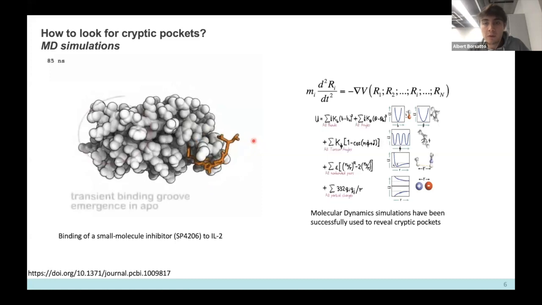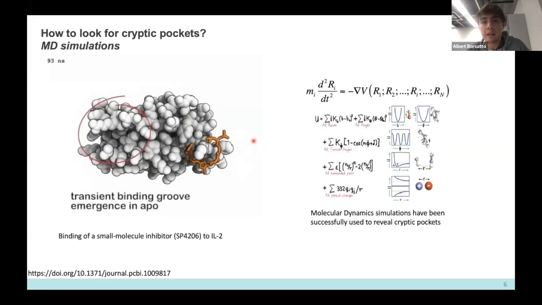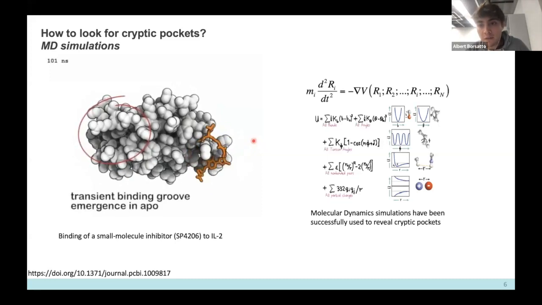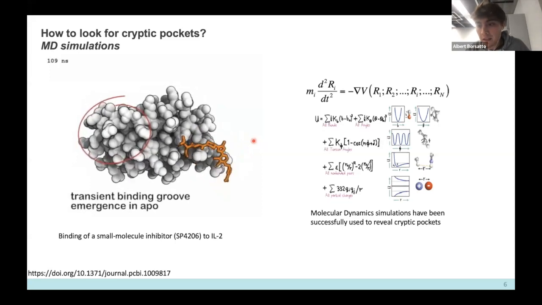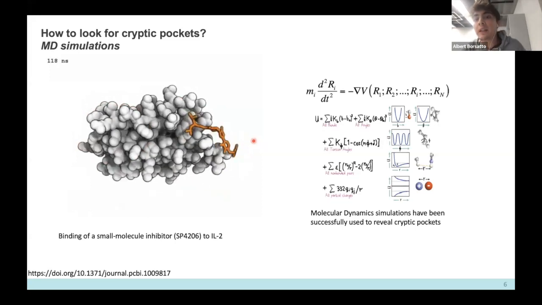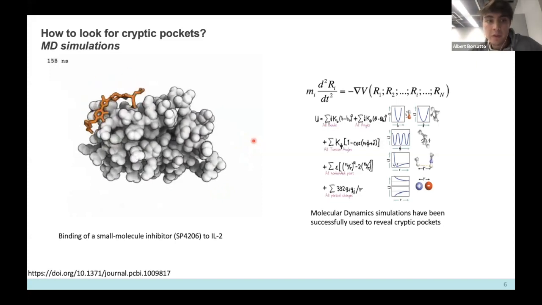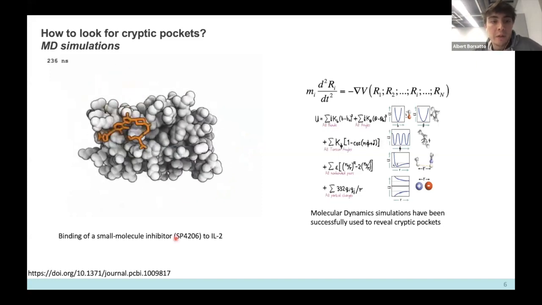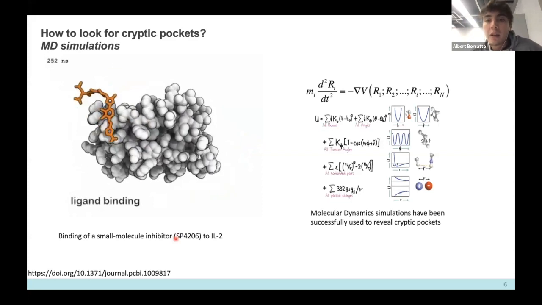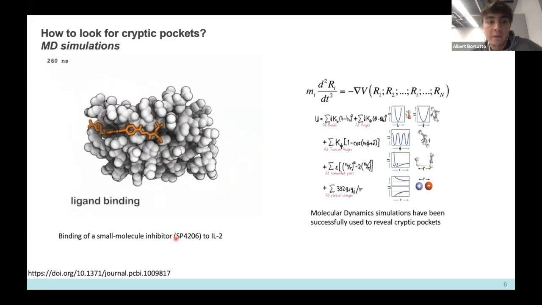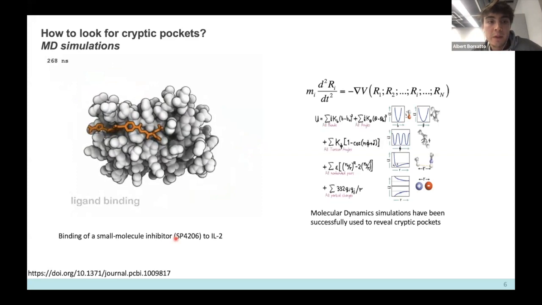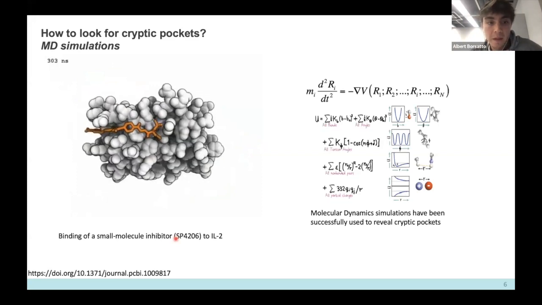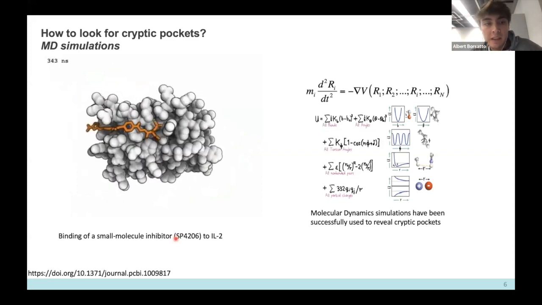As you know, MD simulation basically evolves a system of atoms along time, integrating Newton's equations of motion. And we have examples, in particular coming from the Dishon group, of MD simulations being effective in detecting the formation of cryptic pockets and also being able to capture the binding of a ligand to a cryptic pocket.